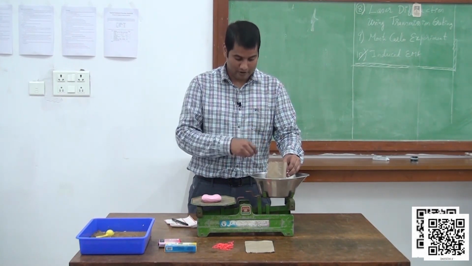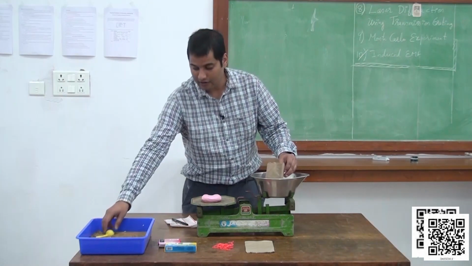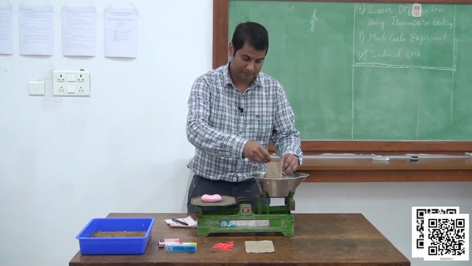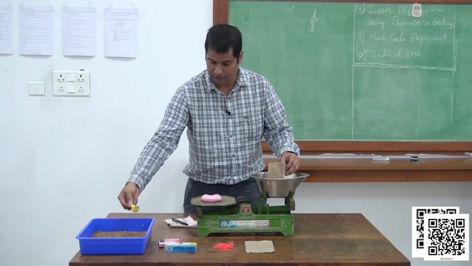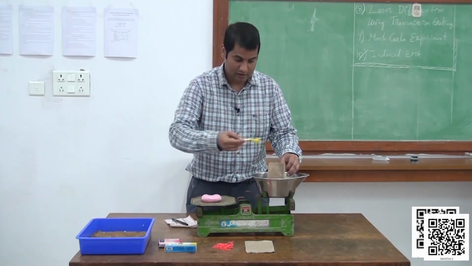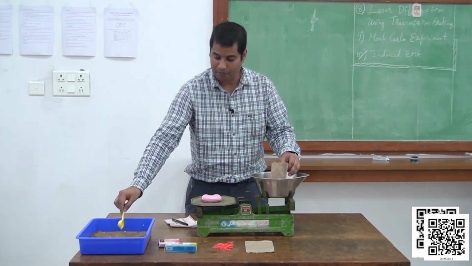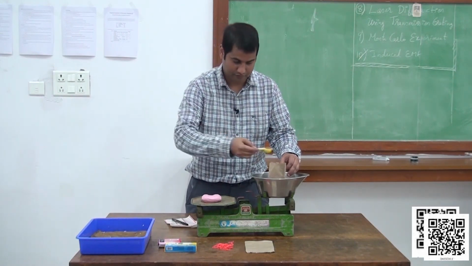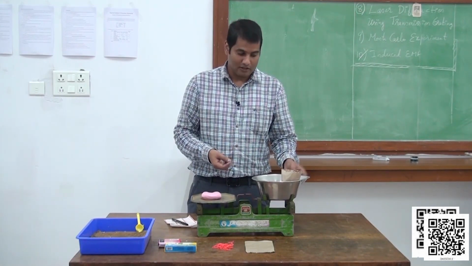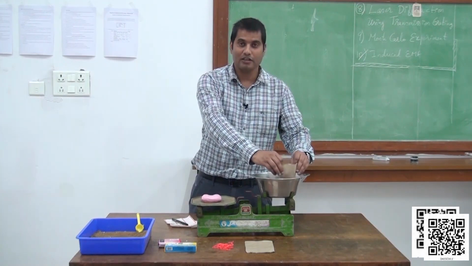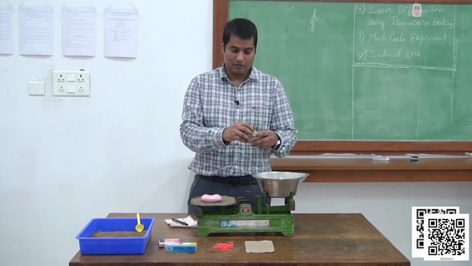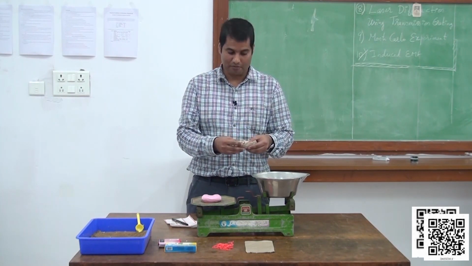Now in this paper packet add sand. You add sand till the balance gets balanced. The soap has balanced the sand. Now this sand is equal in weight to the soap, and the soap weighs 100 gram.